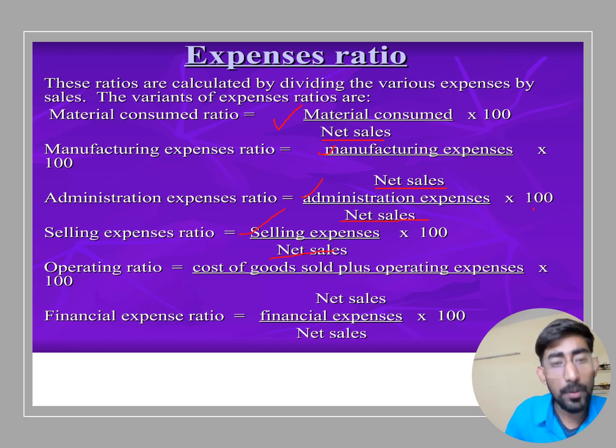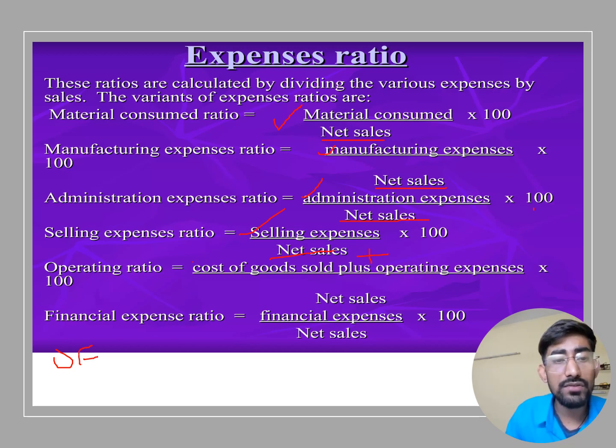The next one is the operating ratio. This is an important one. In the operating ratio, we club our cost of goods sold plus our operating expenses, and then divide this by net sales and multiply by 100. There is one more ratio, the operating expense ratio, or OE ratio.